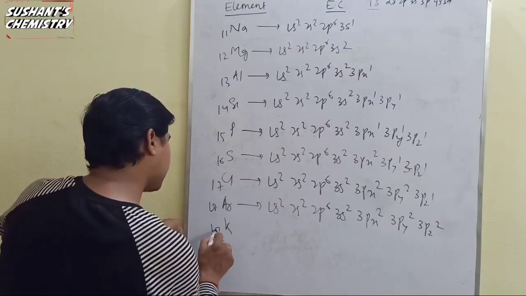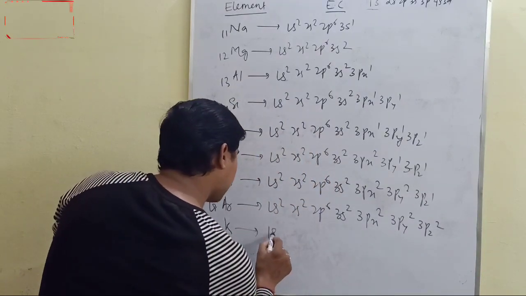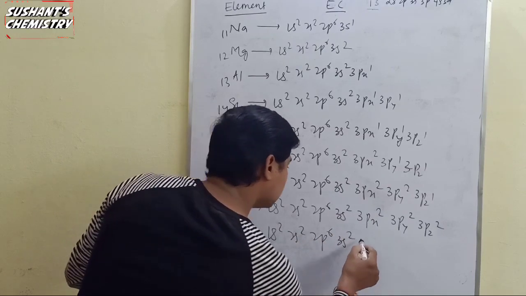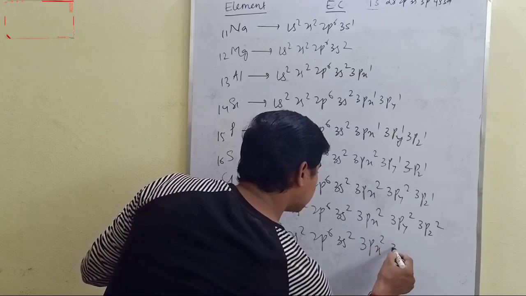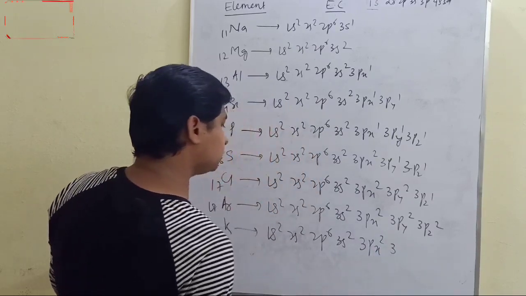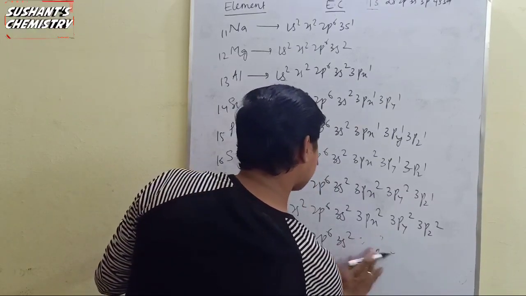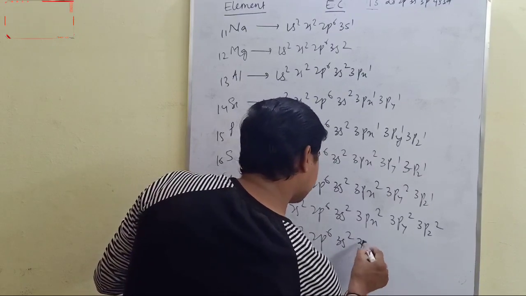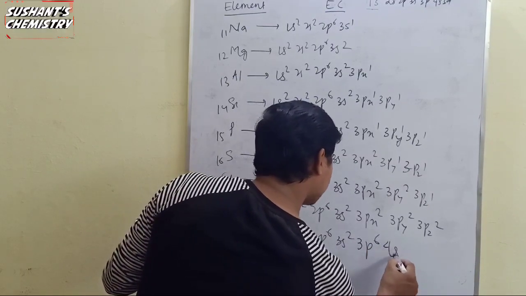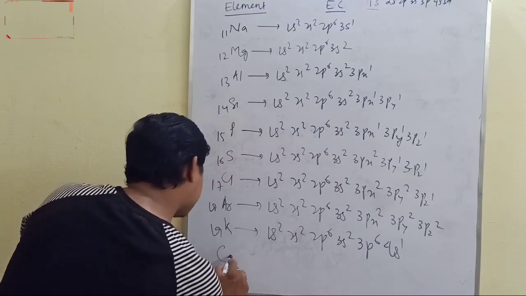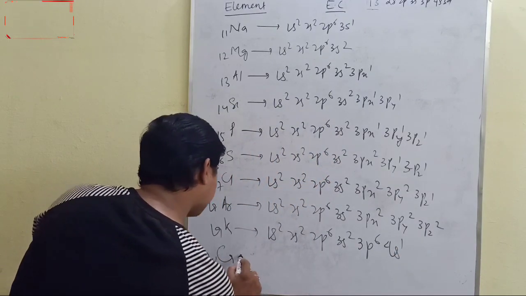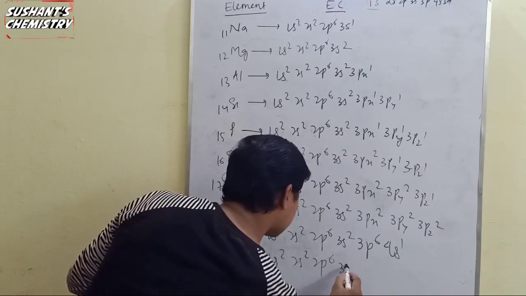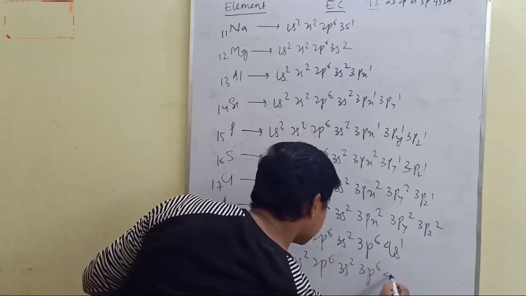Potassium 19, that is 1s2 2s2 2p6 3s2 3p6 4s1. Calcium 20, that is 1s2 2s2 2p6 3s2 3p6 4s2.